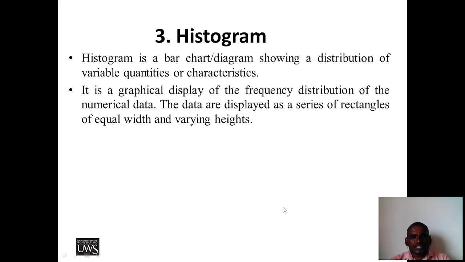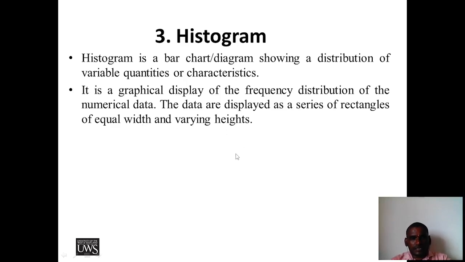Another one is the histogram. A histogram is a bar chart or diagram showing the distribution of variable quantities or characteristics. It is a graphical display of the frequency distribution of numerical data. The data are displayed as a series of rectangles of equal width and varying heights.